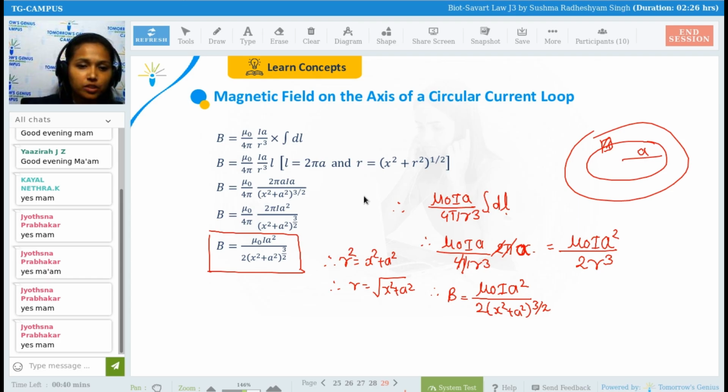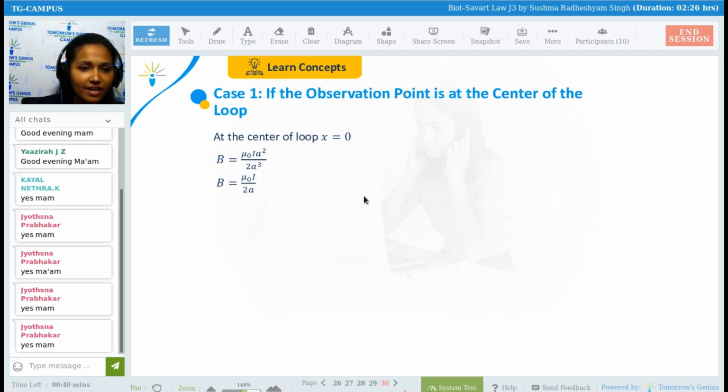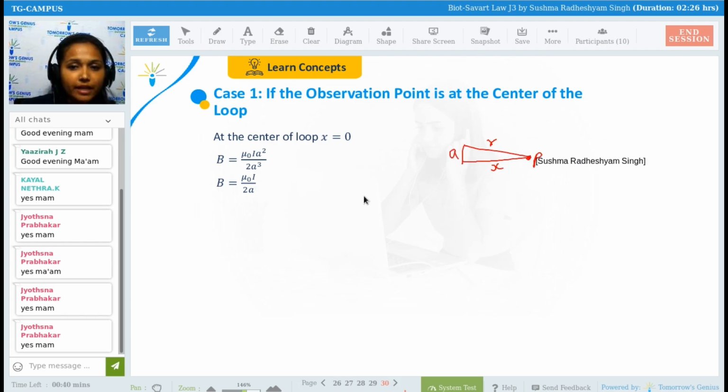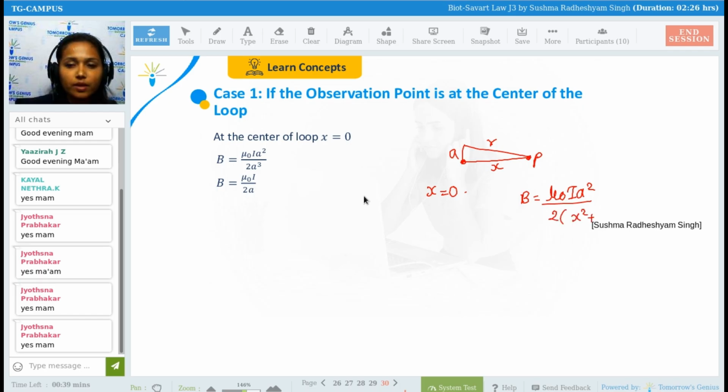Okay, now we move further. If the observation point is at the center of the loop, see students, this is your x, this is your r, and this is your a. Center means the point which is not at P but over here. That means your x will be 0. What is the formula? B is mu naught I a square upon 2 times x square plus a square, power 3 by 2.